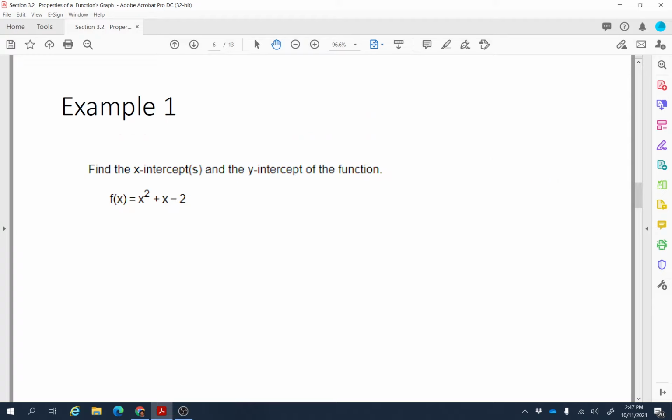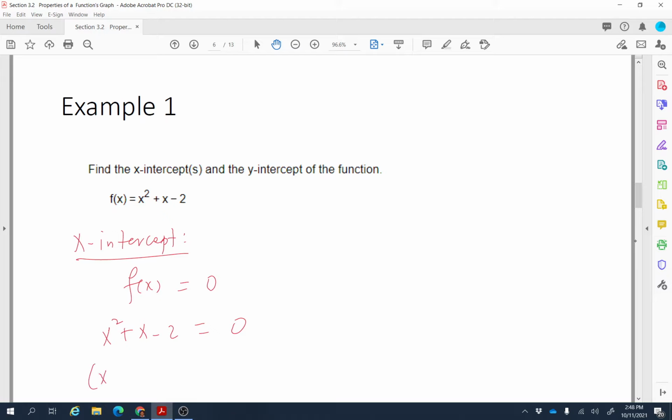Let's look at one example here. Here is a function f of x, and now we want to find the x-intercepts. For the x-intercept, as we know, the function has to be 0, so x squared plus x minus 2 equals 0. We need to solve this equation for x. We can use different ways of solving a quadratic equation, like factoring or the quadratic formula.